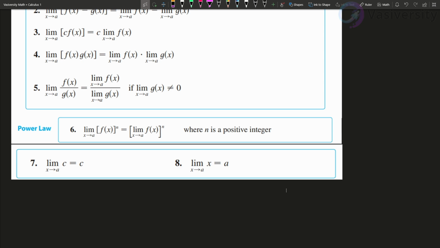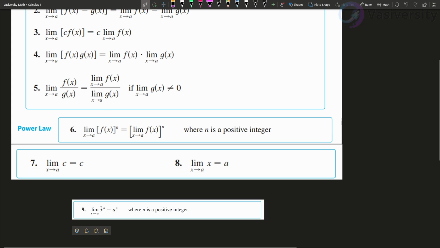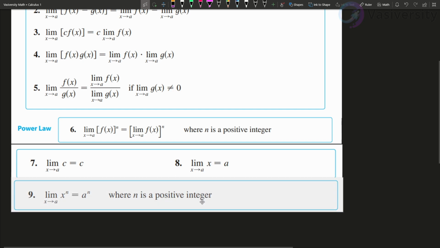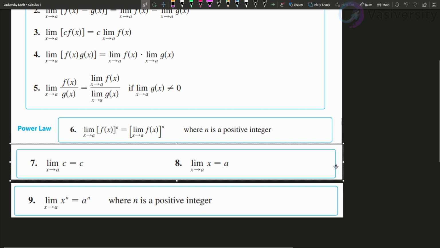Then we would also have the ninth law, where the limit as x approaches a of x to the power of n is equal to a to the power of n, where n is a positive integer.